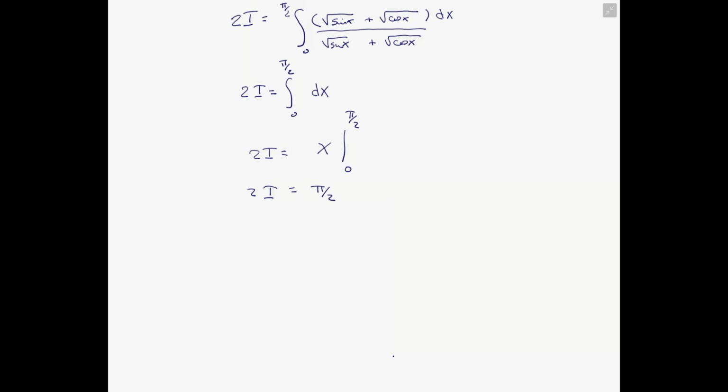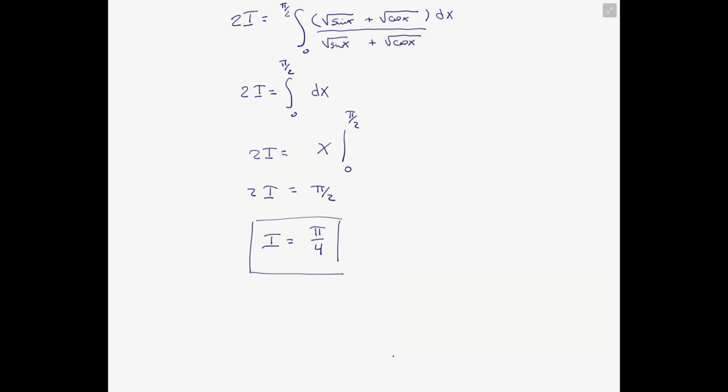So we have 2I equals the integral from 0 to pi on 2 of dx, so 2I equals x from 0 to pi on 2, and that's equal to pi on 2.